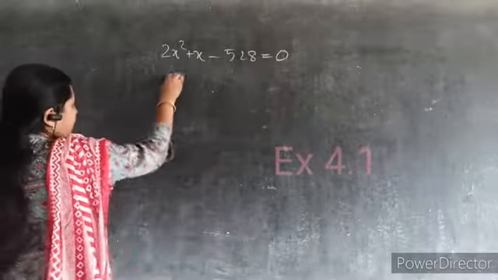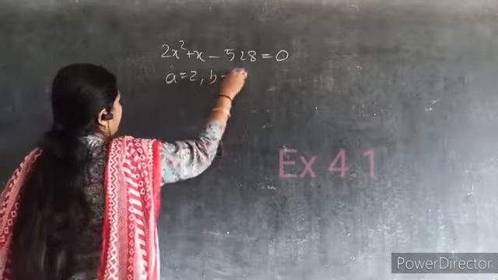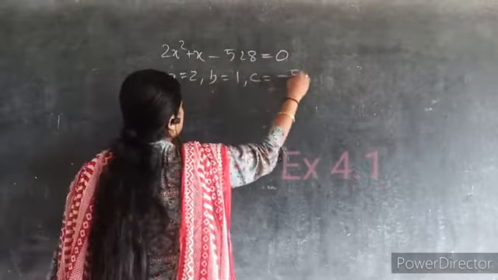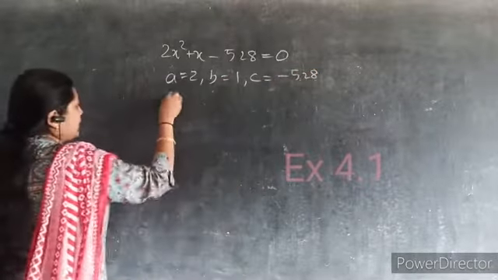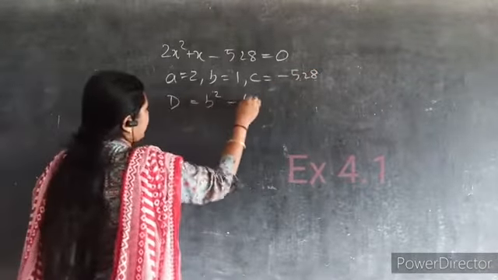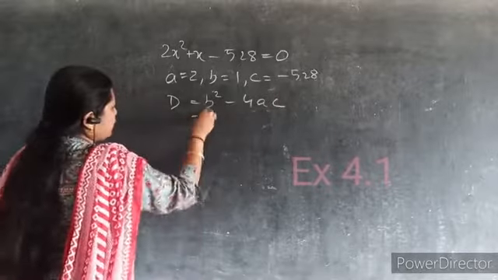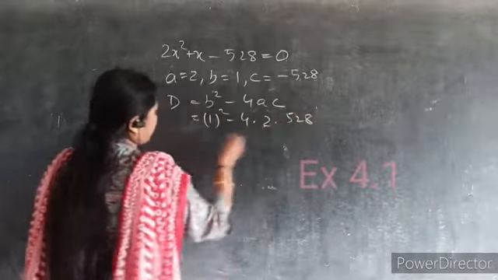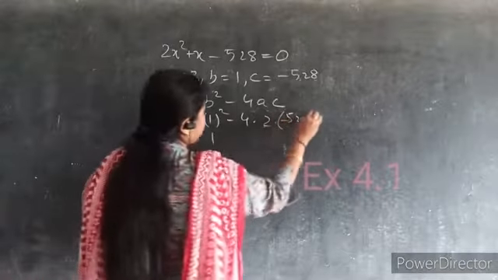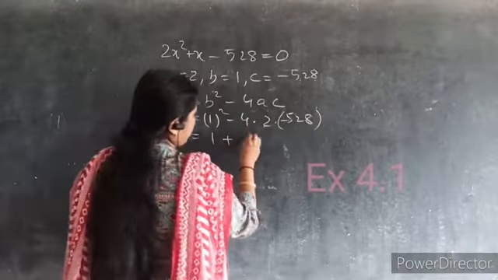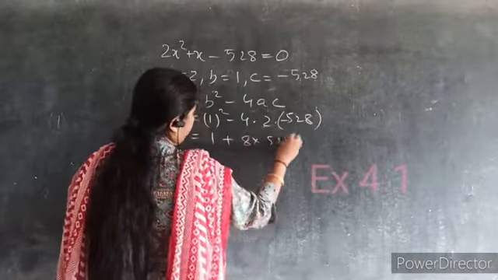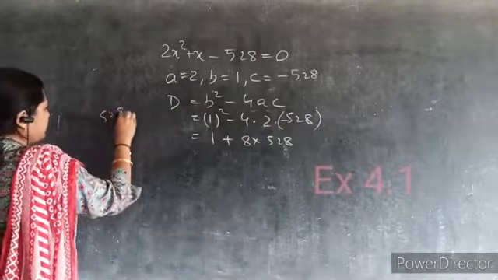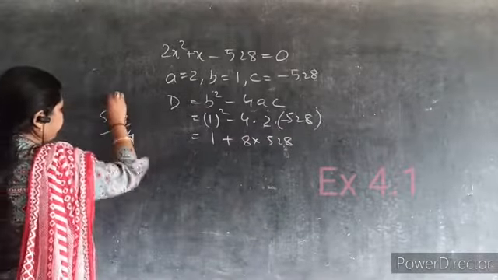Okay, so A will be 2, B will be 1, C will be minus 528. So first let us see the nature, that is b square minus 4ac. So 1 square minus 4 into 2 into 528. That is 1, this is minus, minus into minus will be plus, that is 8 into 528. So if you calculate here, let us see what we are getting.